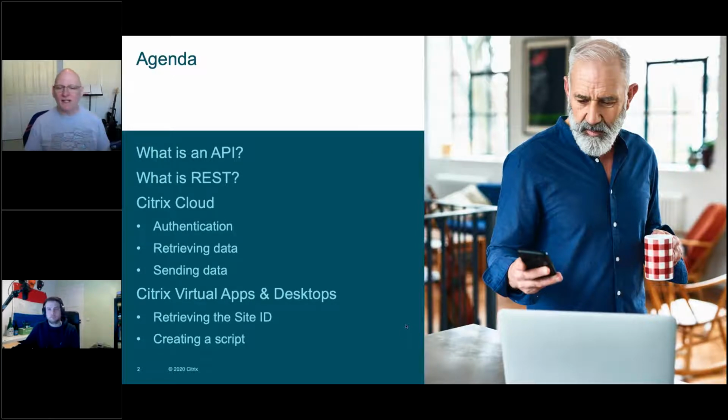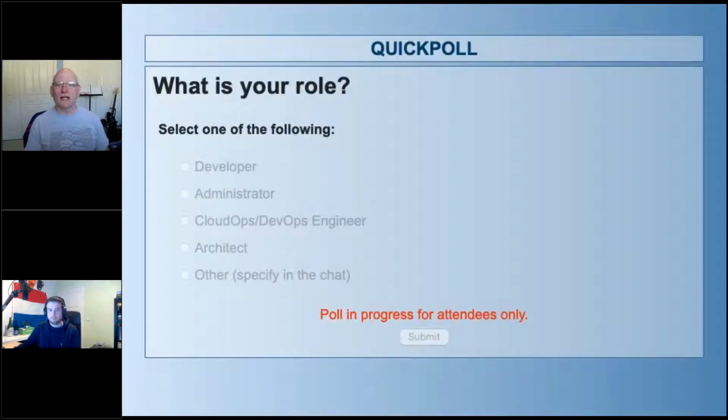So as we get started, I've got a couple of questions for you, the audience. So if we can run the poll, Stephanie, the first question is, what is your role in the company that you work for? So I mean, I'm counting developer as whatever language you develop in.